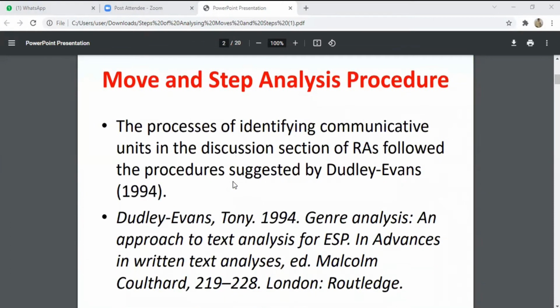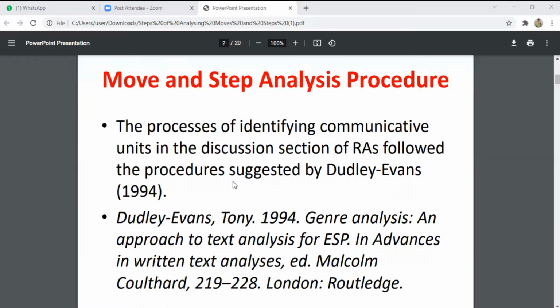We are going to use move and step analysis in this discussion. So the process of identifying communicative units is also called move and steps. This is the example.